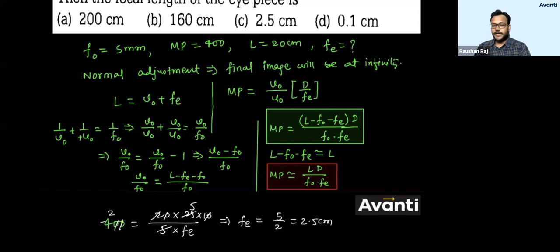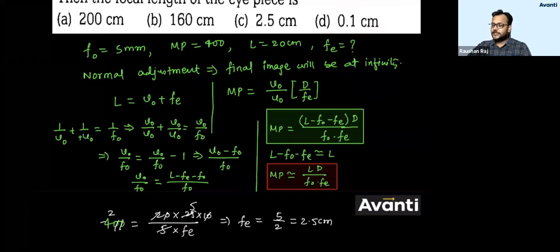So what is the other method? The other method is you can solve this equation and get the value of Fe. But approximately the answer there will also come around 2.5. Guys, did you understand this? It will not be 0.01, it won't be that small, right?